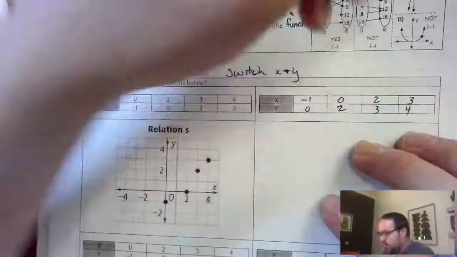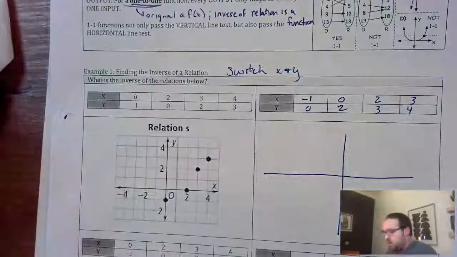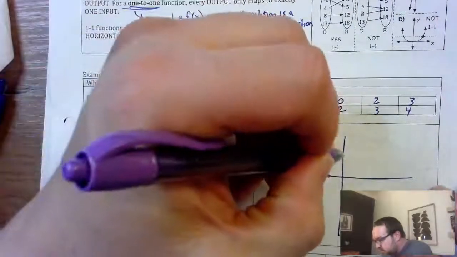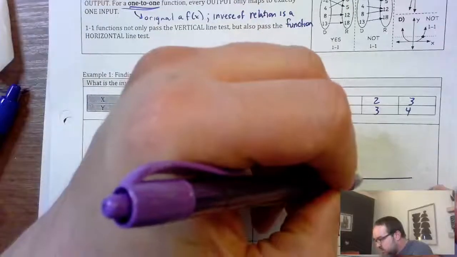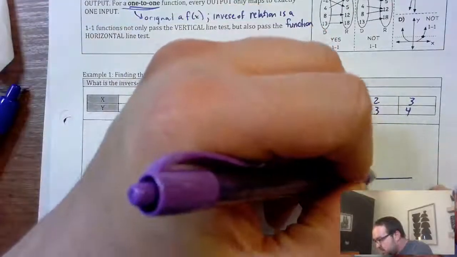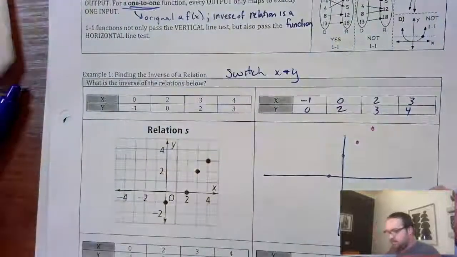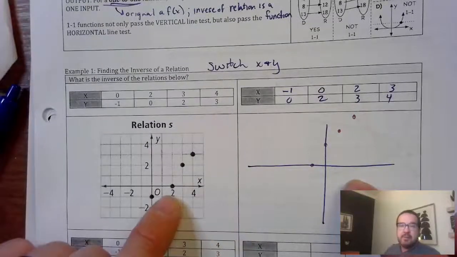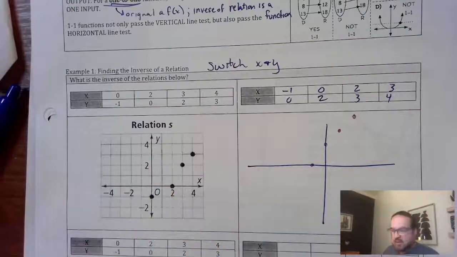I could graph these points right here. We have (-1, 0), (0, 2), (2, 3), and (3, 4). And you can clearly see that that's just getting the inverse of the relation, an inverse of a set of points here.